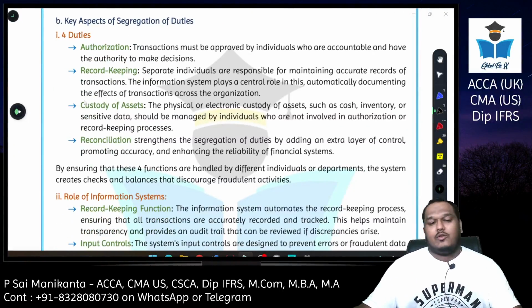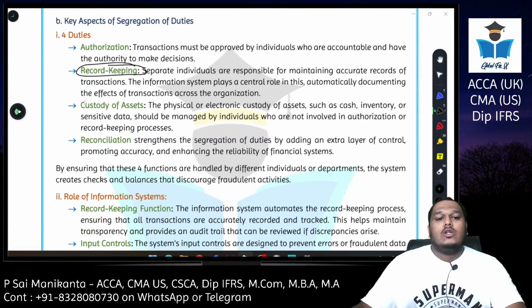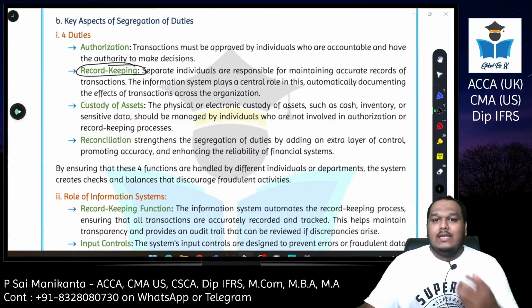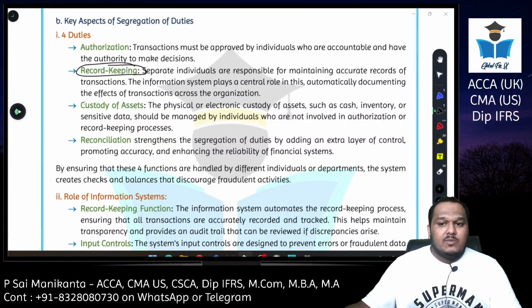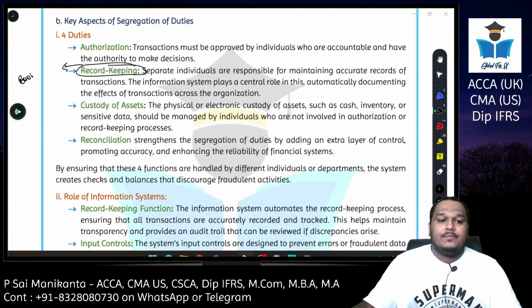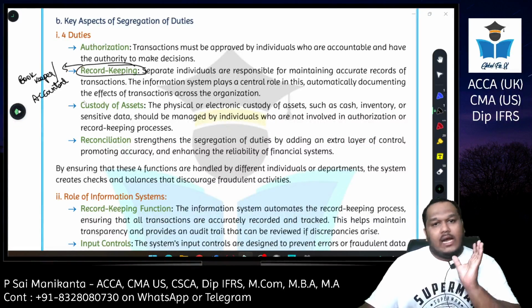We all know what the four key duties are. The first one is record keeping. Ignore the order. Who will be recording the journal entries, the transactions basically? Separate individuals should be responsible for maintaining accurate records of the transactions. So basically you need a bookkeeper or accountant for record keeping.